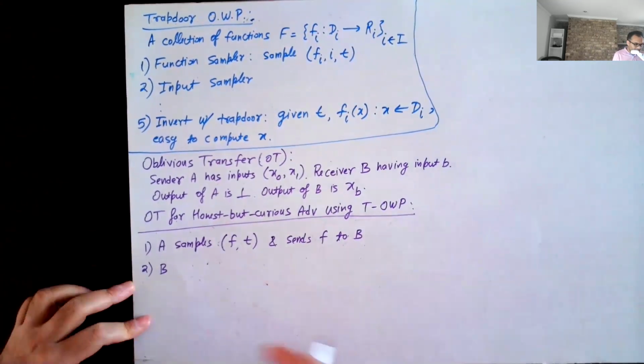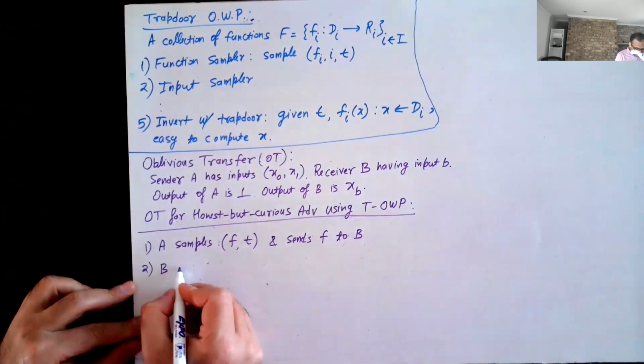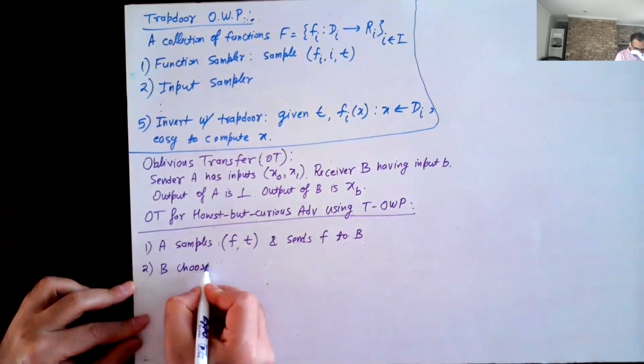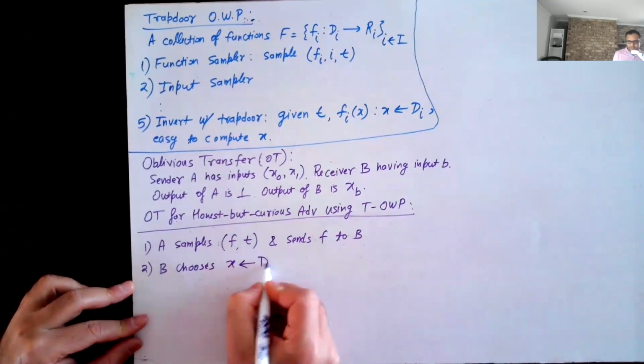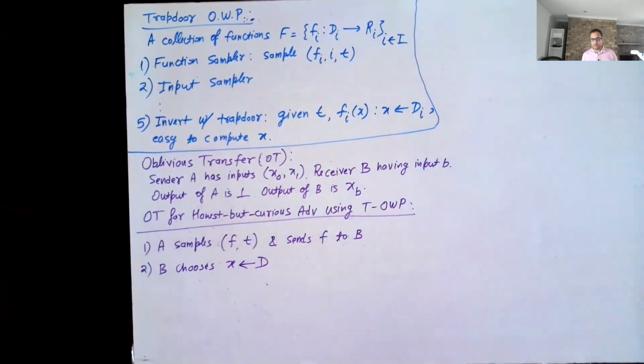Now the receiver B chooses x from the domain of the function f.